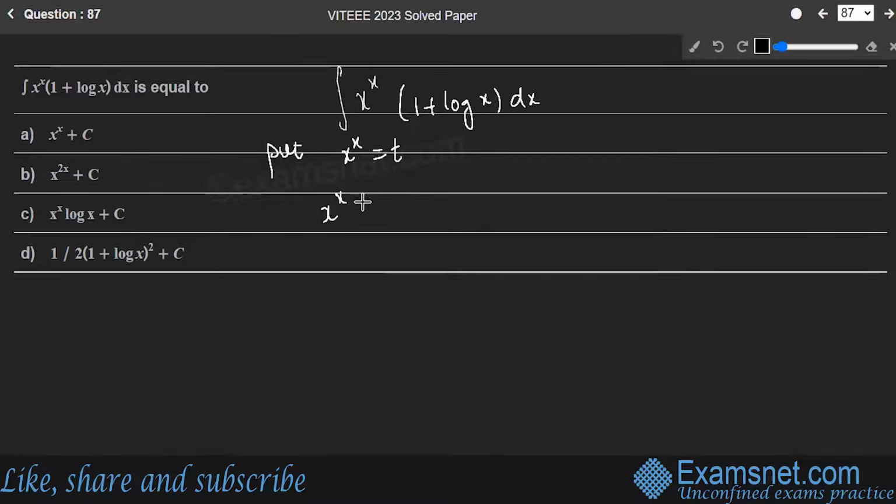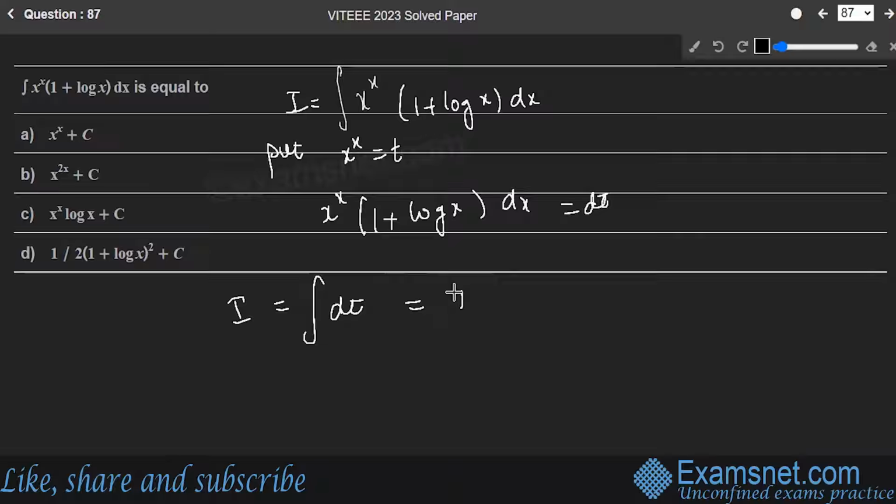I'm finding the derivative on both sides with respect to x. So x raised to power x into (1 plus log x) dx is equal to dt. Now this integral becomes the integral of dt, that is equal to t plus some constant. What was t equal to? This is equal to this. So you have option A as the answer.